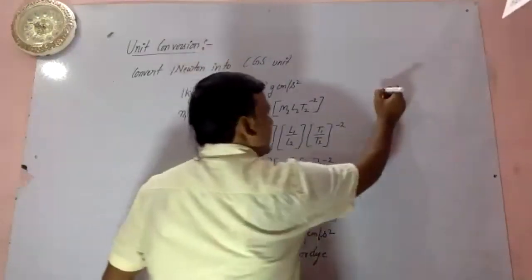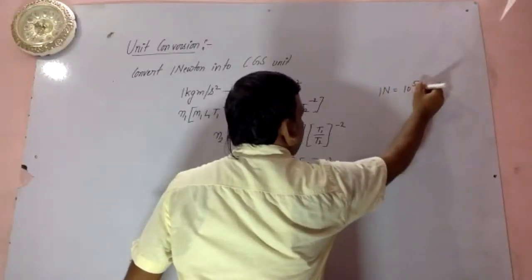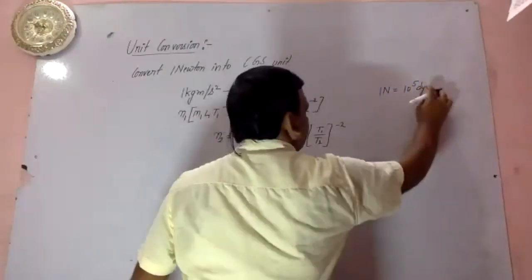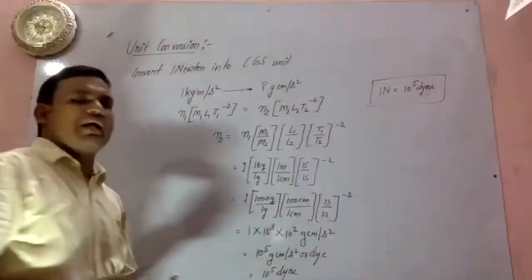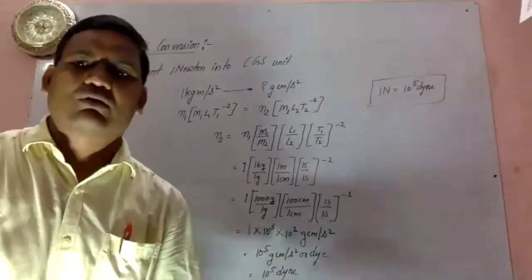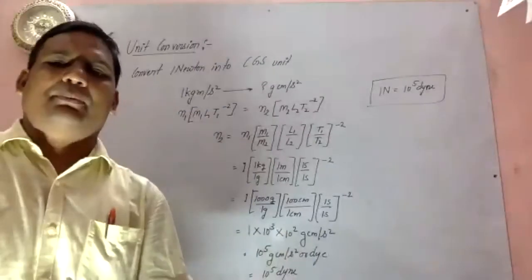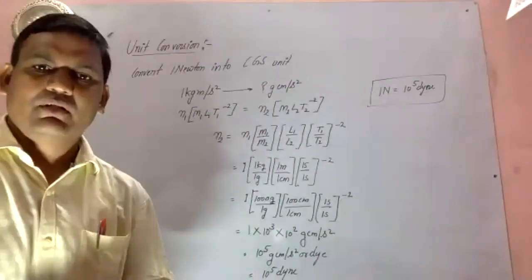So 1 Newton becomes equal to 10 to the power 5 dyne. Or you can say 1 Newton, meaning 1 kilogram meter per second square, is equal to 10 to the power 5 gram centimeter per second square. Is it okay?